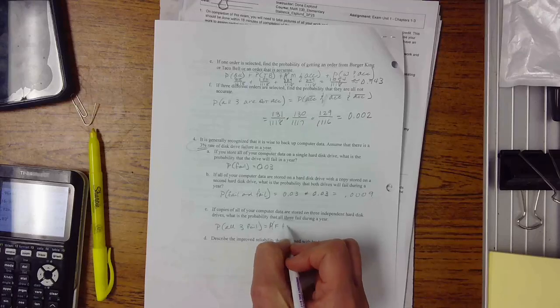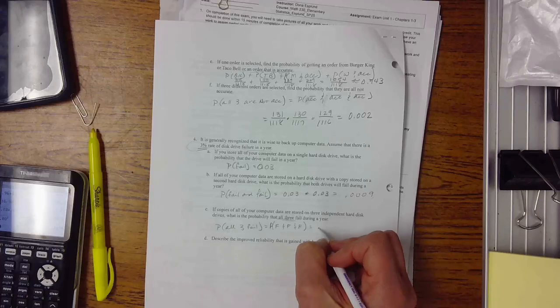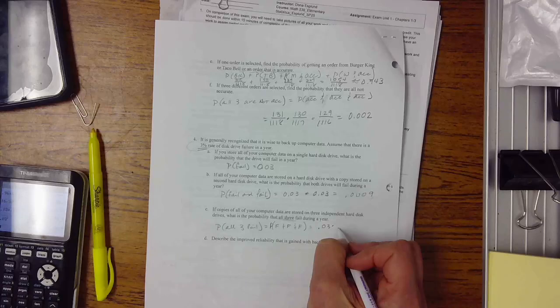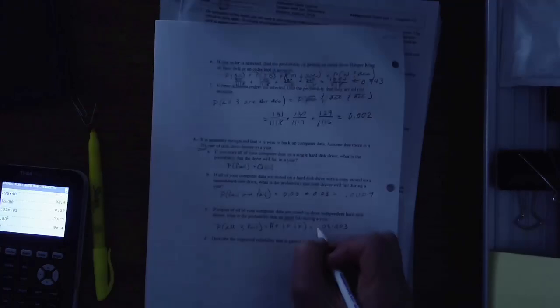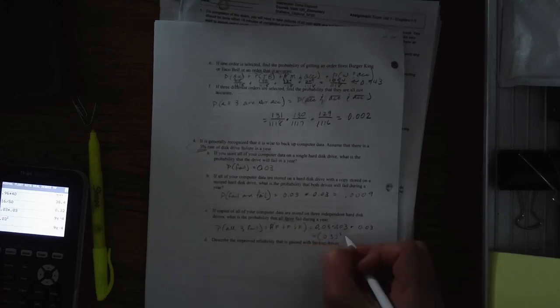So I'm just going to take my probability 0.03, but now take it times itself 3 times, which is 0.03 all to the third power. And by magic, I'm going to end up with 0.000027.